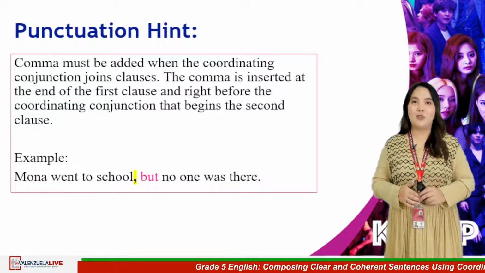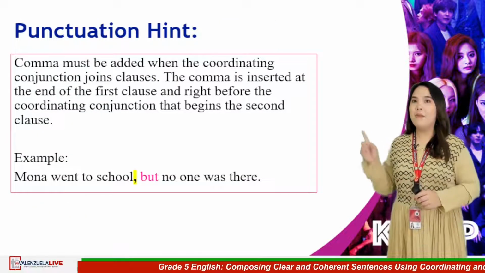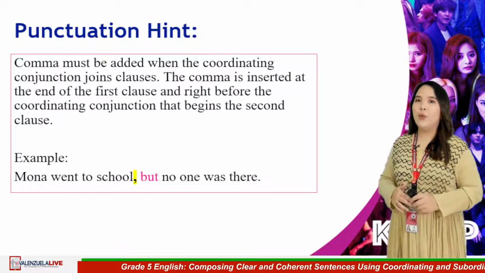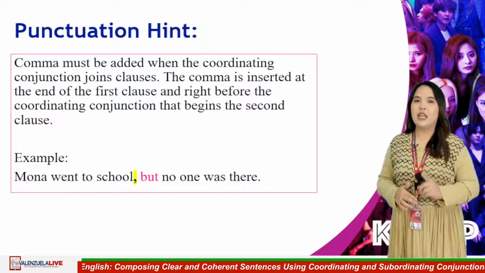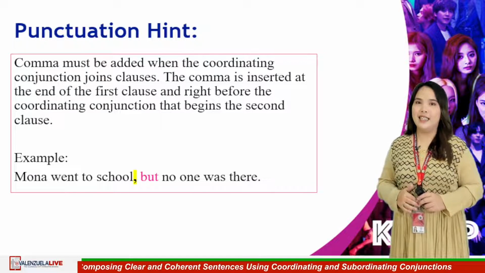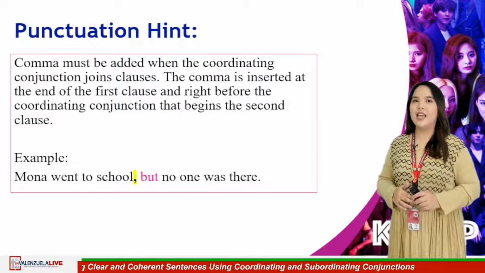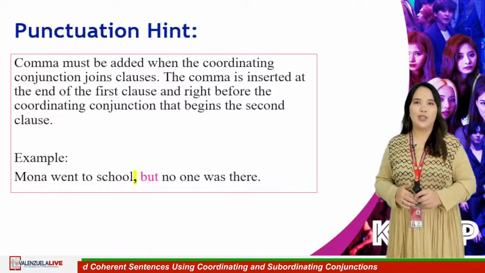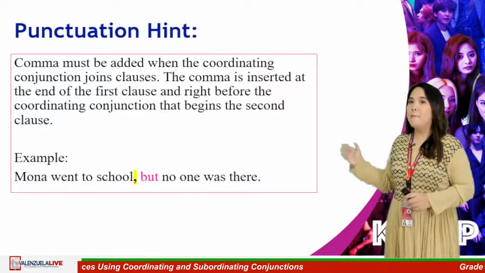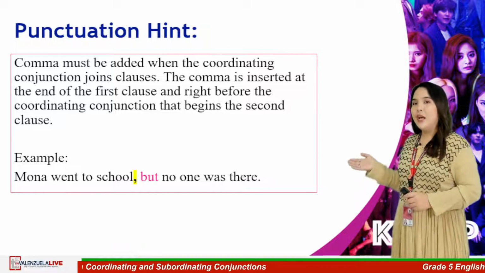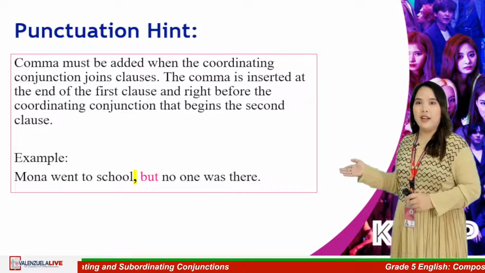Let us have the punctuation hint. A comma must be added when the coordinating conjunction joins clauses. The comma is inserted at the end of the first clause and right before the coordinating conjunction that begins the second clause. Example, Mona went to school, but no one was there.